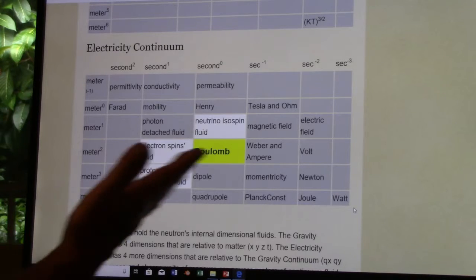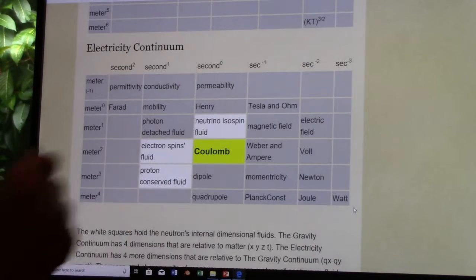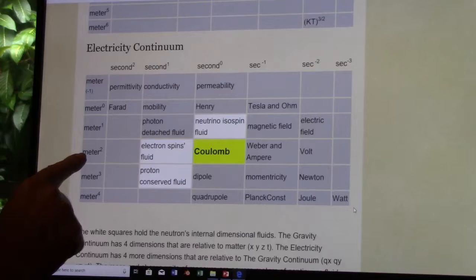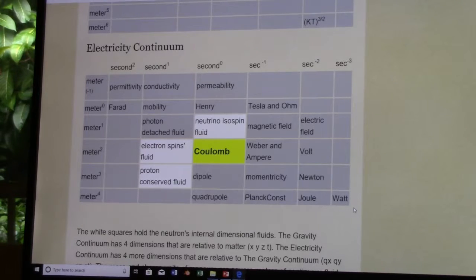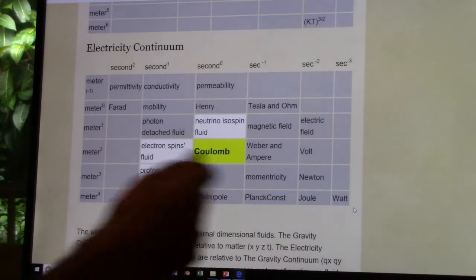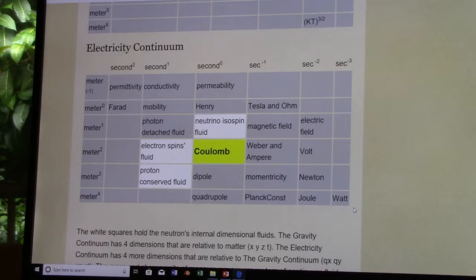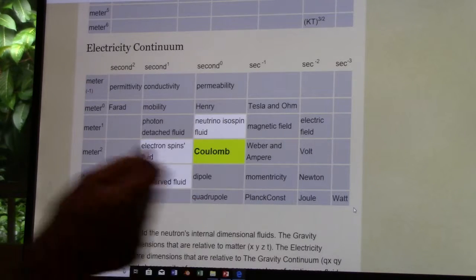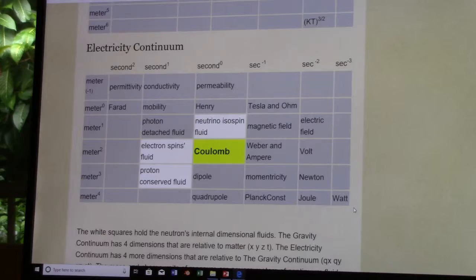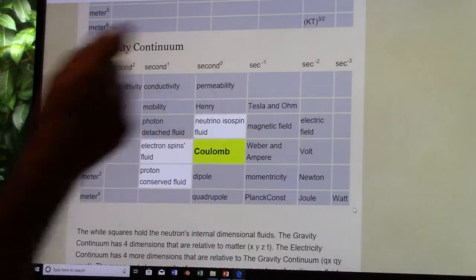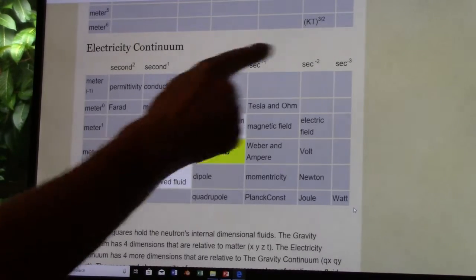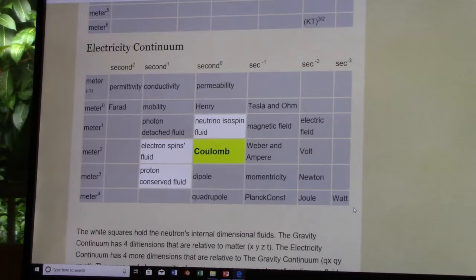And then this also shows the Coulomb is square meters here, and that the joule is shown here as being right next to Planck's constant, which is joule seconds. So we see the seconds to the minus 1 is not the seconds to the minus 2 of the joule.